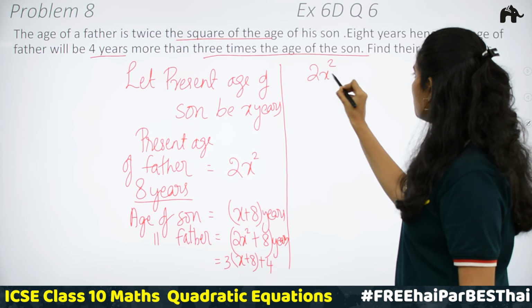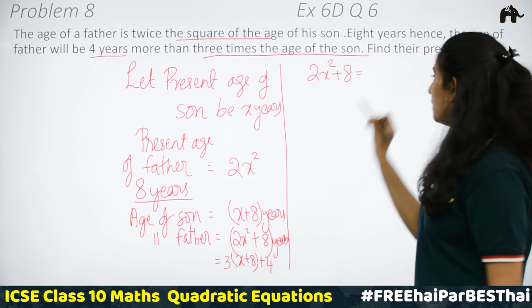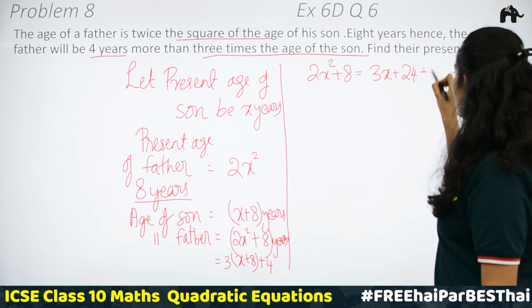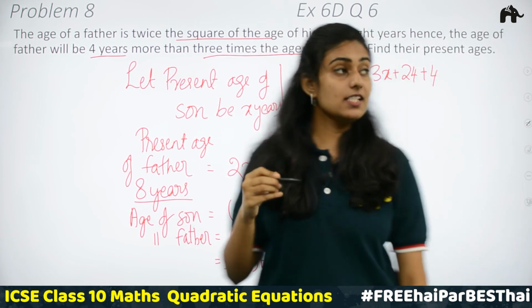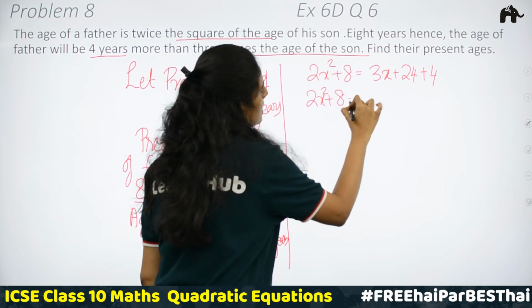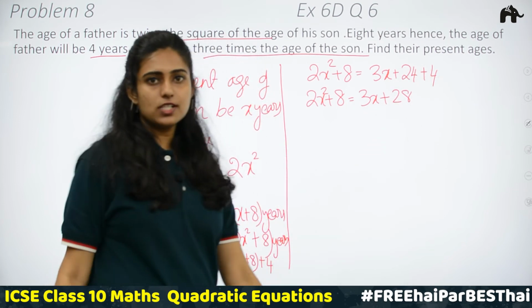2x square plus 8 is equal to, removing the brackets and multiplying, 3x plus 24 plus 4. That is 2x square plus 8 is equal to 3x plus 28. 24 plus 4 is 28.